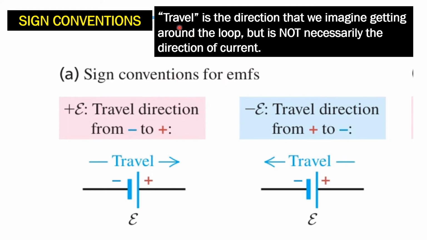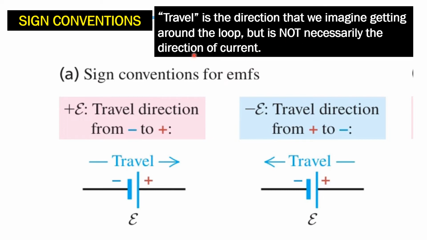The word travel is simply the direction that we imagine as we go around the loop, and that choice of direction is to be assumed. So you have to assume how you're going to go around the loop, whether clockwise or counterclockwise. Such direction of travel does not necessarily indicate the direction of the current. It may be in the same direction of the current or not.